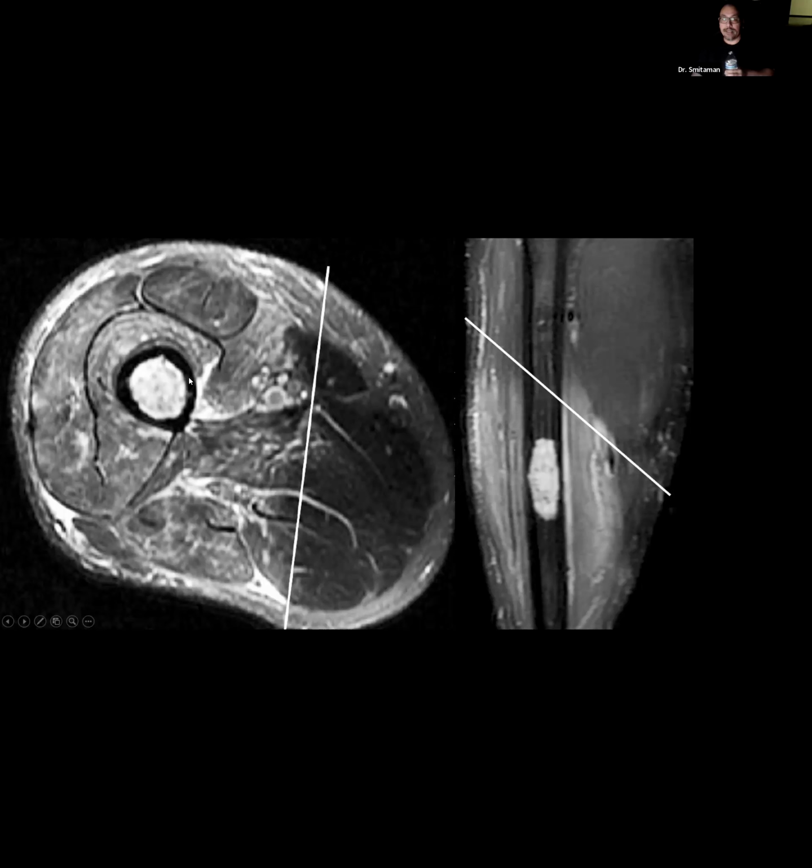And interestingly, you can have something that's called radiation recall. So you can have inflammatory changes years after radiation, and say someone starts a chemotherapeutic agent, perhaps for a recurrent disease or a secondary cancer.